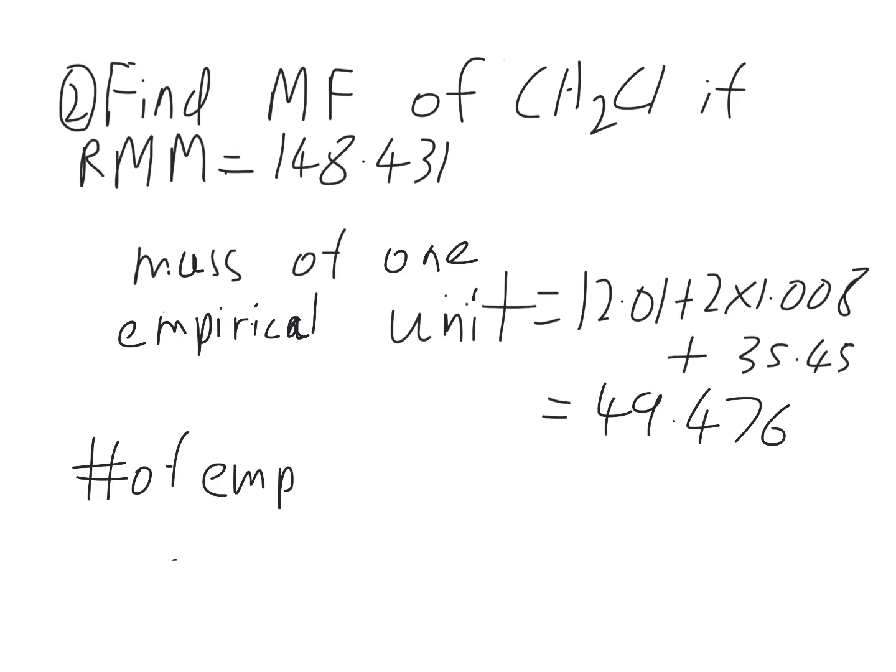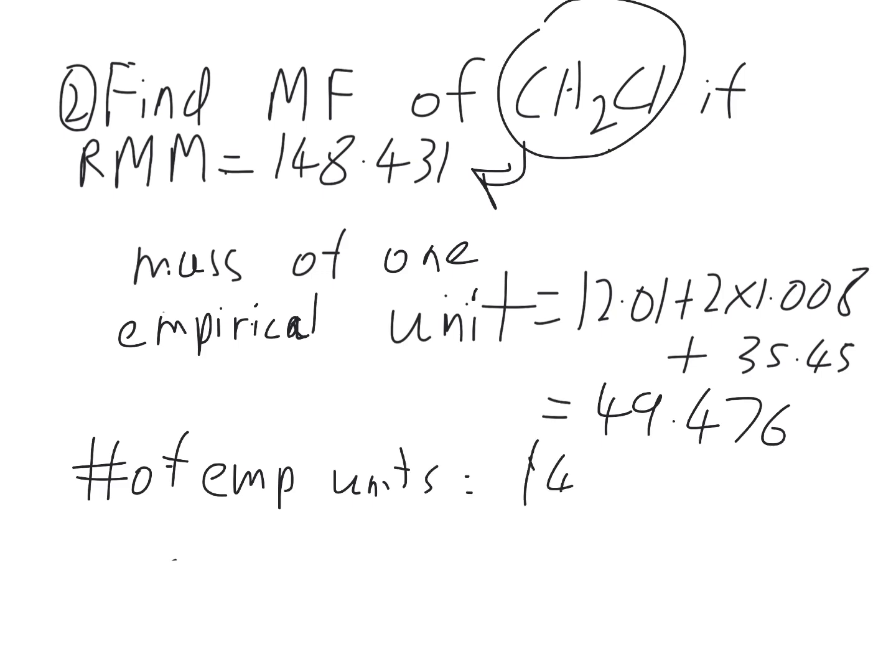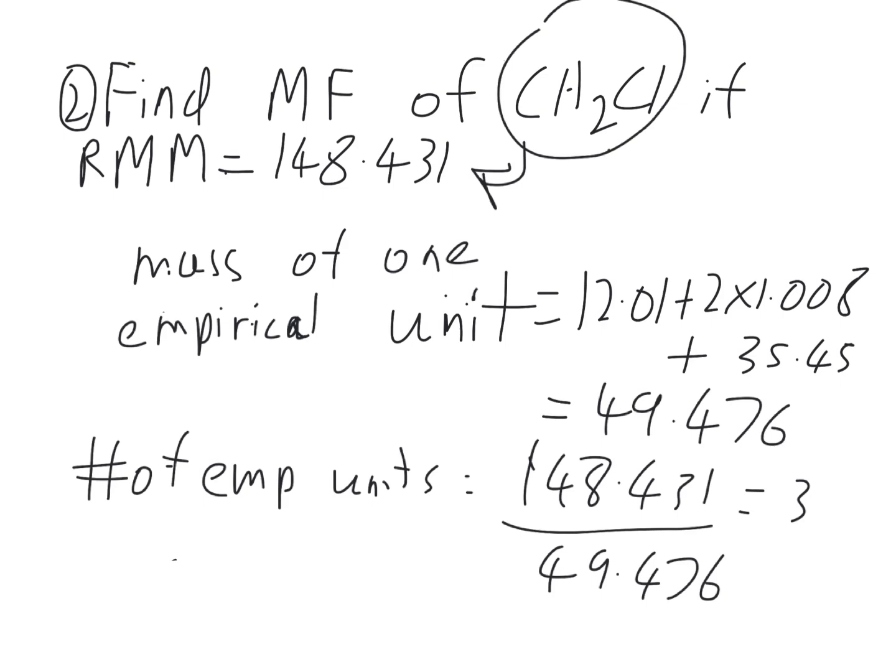The next thing you do is you find out the number of empirical units. You find out how many of these you need to get up to that mass. We know how much one of these weighs. We now need to know how many of them we need to get up to that number. The way we do that in this case is we do 148.431 over 49.476, and that should give you roughly 3.